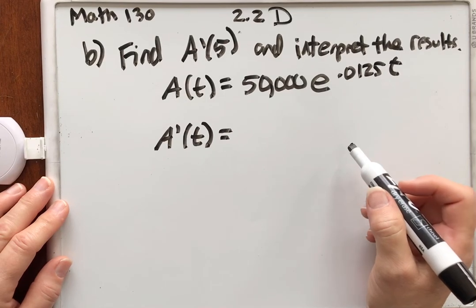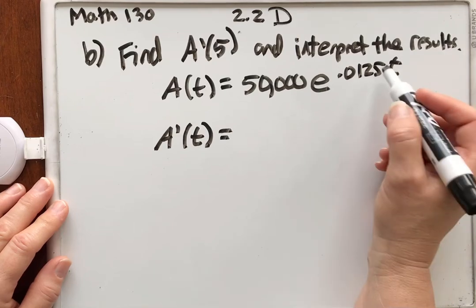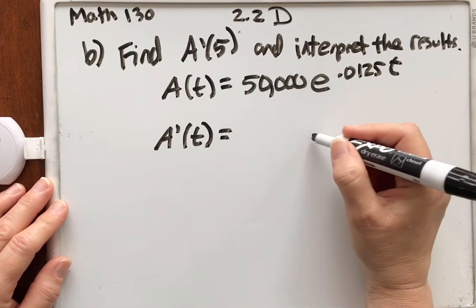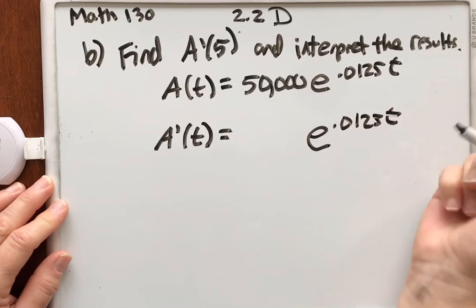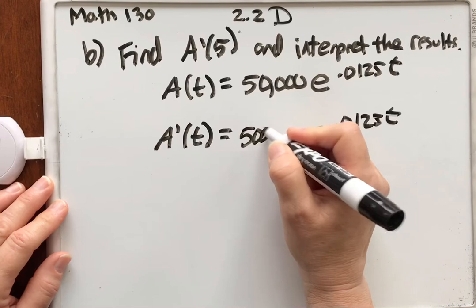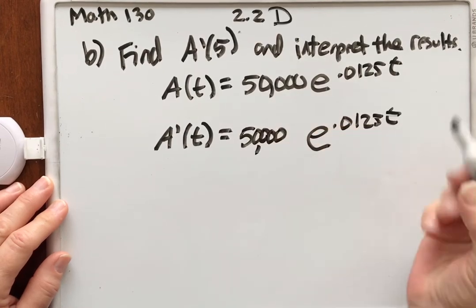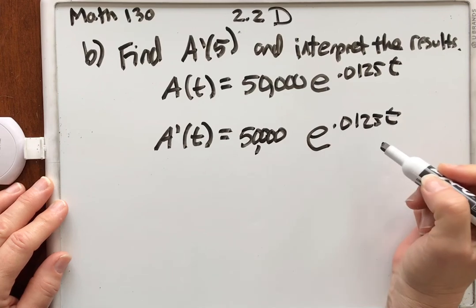All right, what are we going to do here? Do you remember? We're going to keep this the same: e to the 0.0125t. This stays the same because it's a constant. And then we take the derivative of the exponent, which is 0.0125.